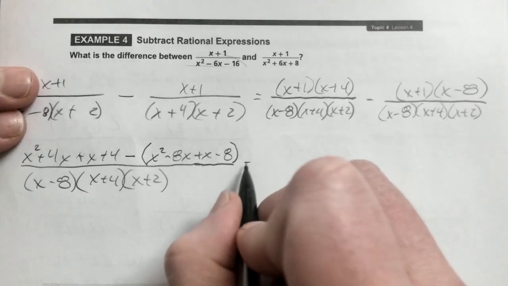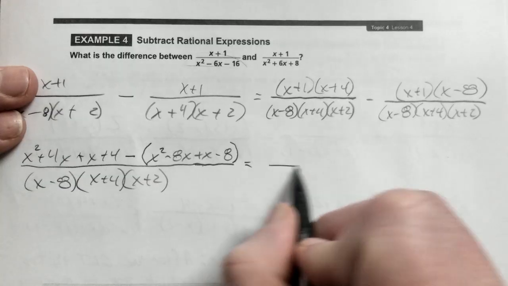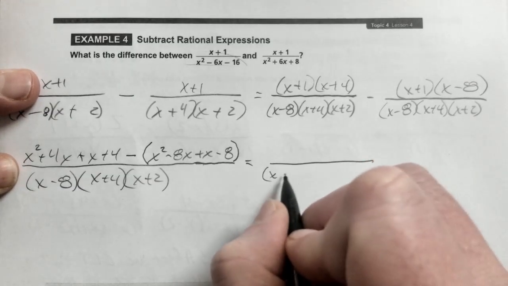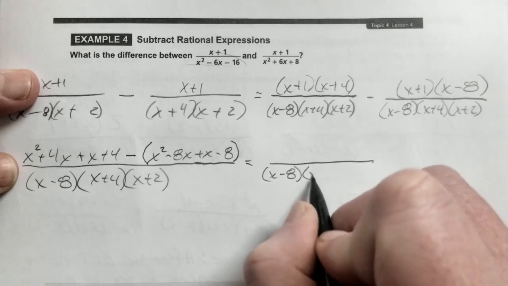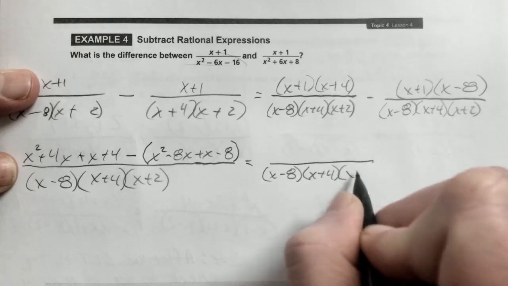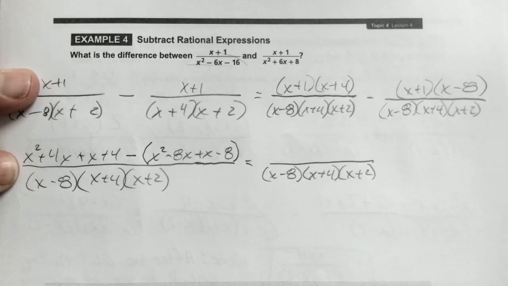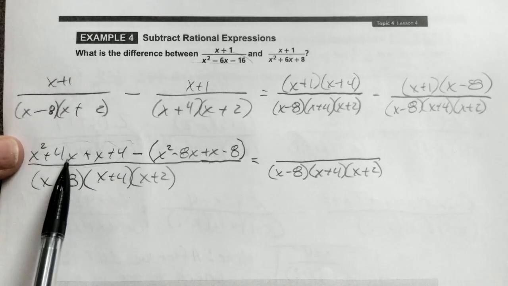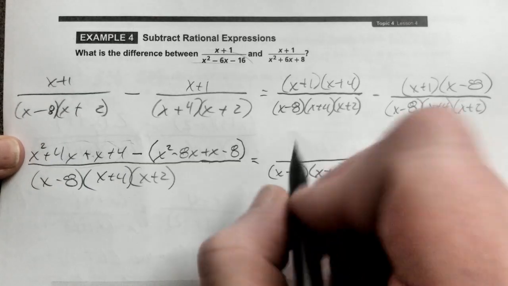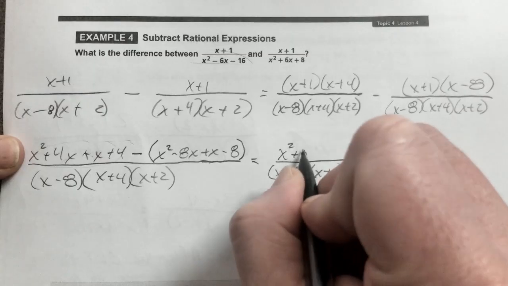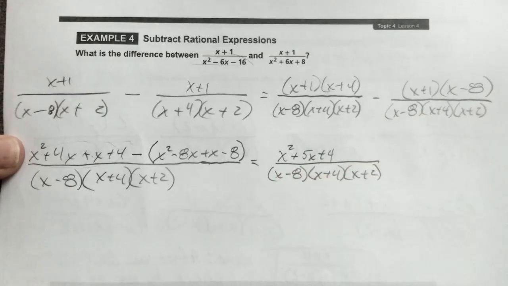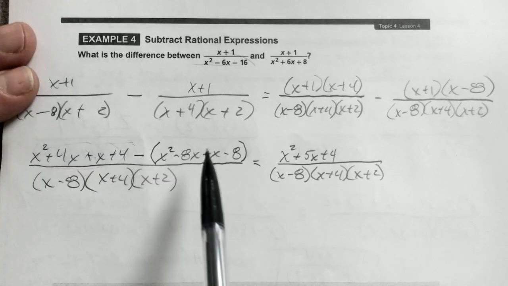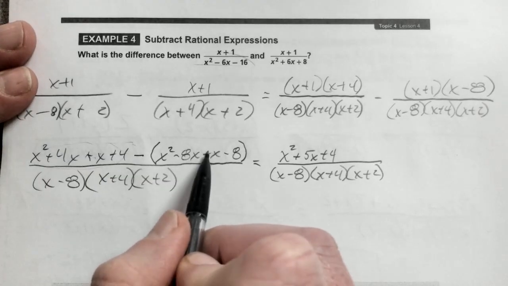All right, now I want to clean this up. I have my common denominator, x minus 8, x plus 4, x plus 2. I have this polynomial, so we're going to combine these like terms, 4x and x. So we have an x squared plus 5x plus 4. And before I distribute this negative, I'm going to save myself just a little bit of time.